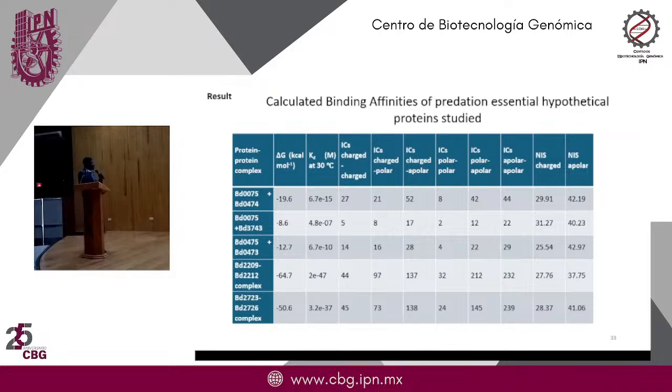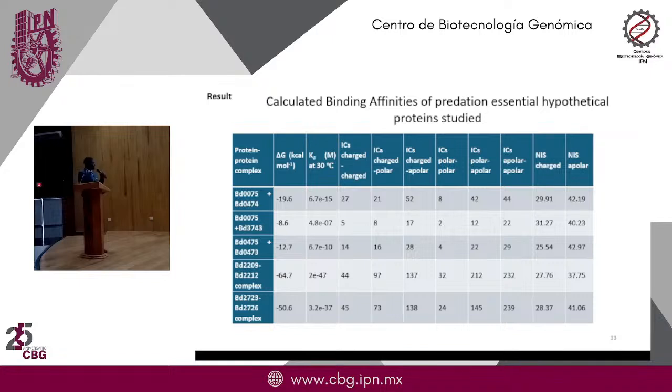And the interesting thing was that, just as was shown with the preferential binding in our interaction model in AlphaFold, we've also found with this result that the delta G of 75 interacting with 37 was lower than 75 interacting with 474.